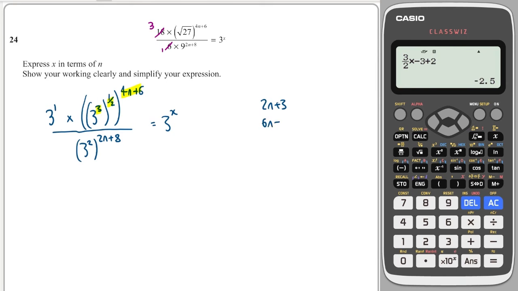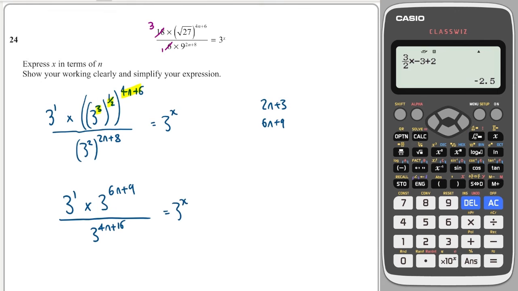That will give me 6n plus 9. So I have 3 to the 1 multiplied by 3 to the 6n plus 9. And that's all over, and again, I'm going to multiply these two powers here because they're either side of the bracket like that. And that's going to give me 3 to the 4n plus 16.